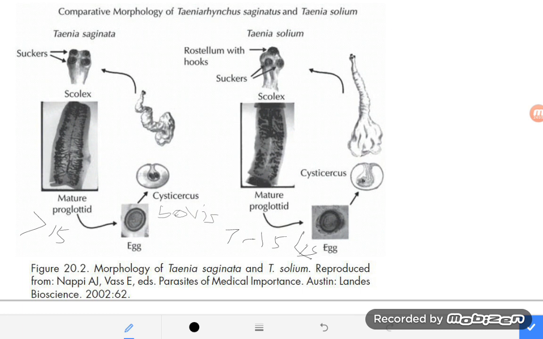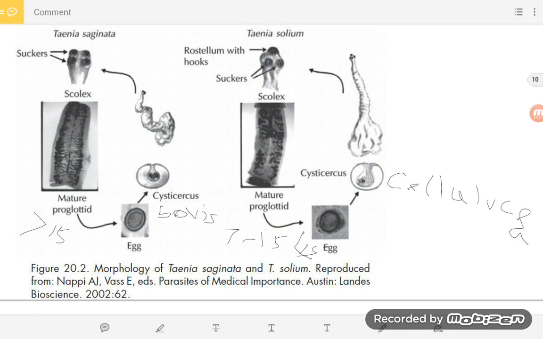But in the case of Taenia solium, Cysticercus cellulosae, right? Then this Cysticercus cellulosae becomes an adult, right? This is the life cycle.